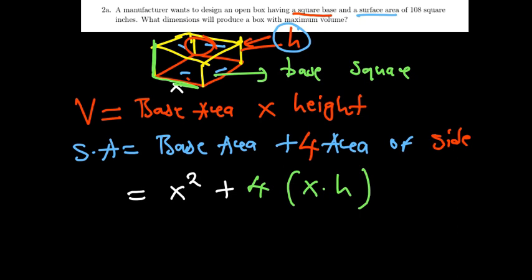How many of these sides do we have? So there's this one itself, and then there's this side, there's the other side there, there's one on top. So there is a component of the height, right?